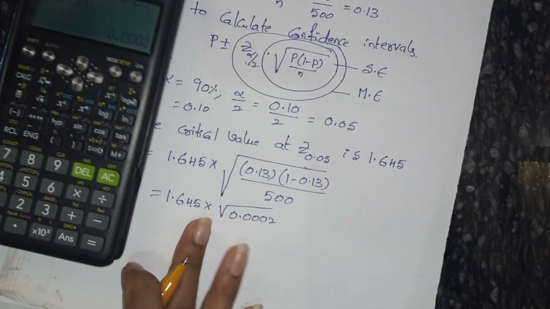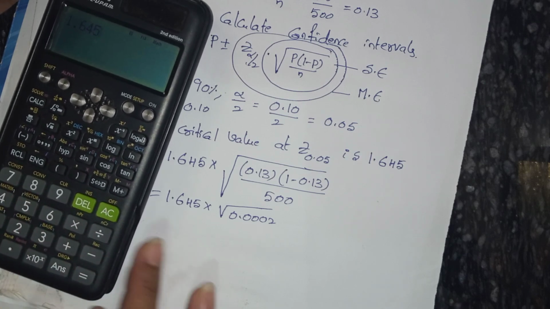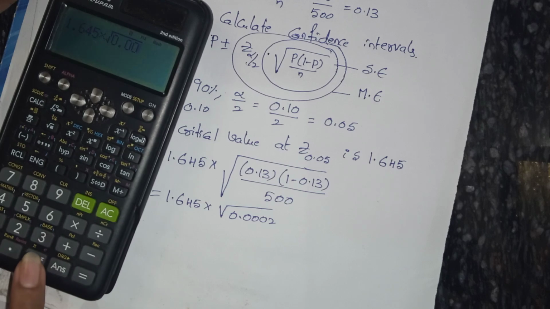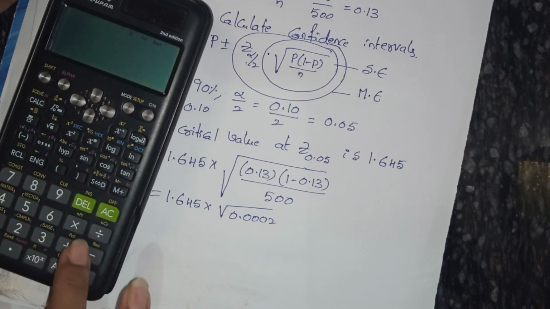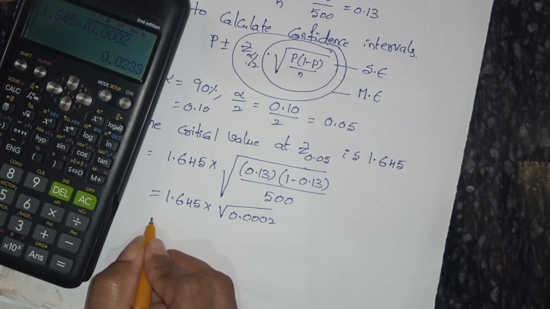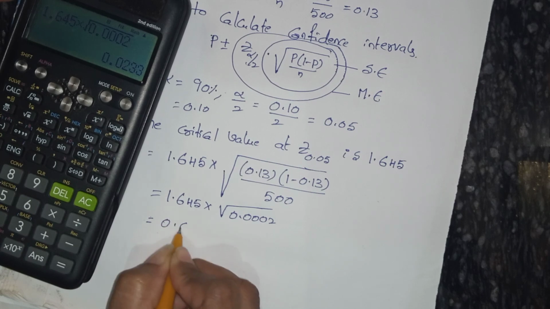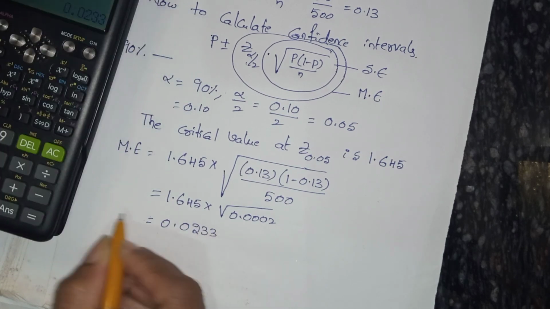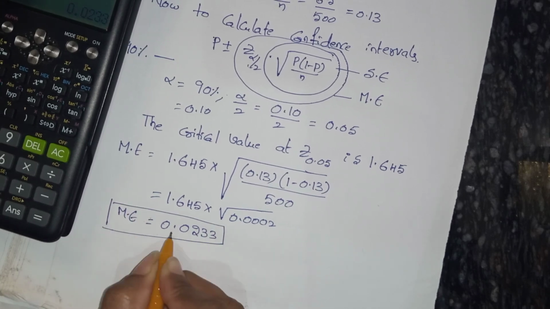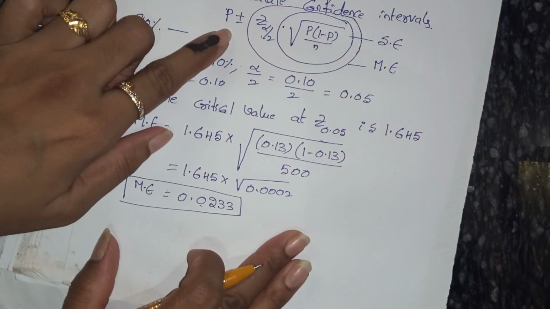Now 1.645 into the square root of 0.0002 equals, how much did we get here? 0.0233. So the margin of error is 0.0233. Now we have to substitute in this.